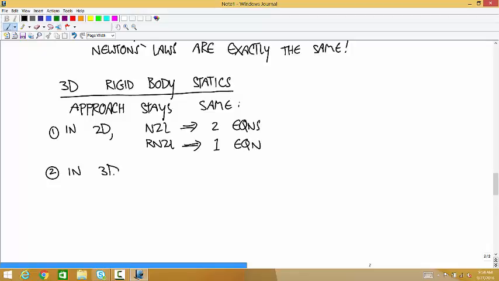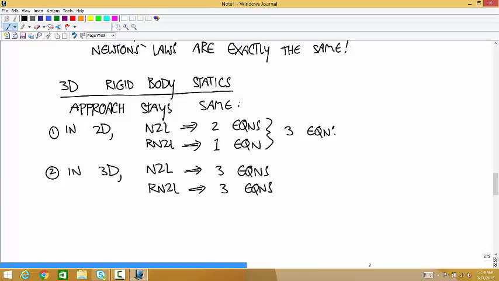In 3D, how many equations does Newton's second law give? 3. And how many does the moment equation give? 3 also. Yep. So in 2D you get 3 equations. In 3D you get 6 equations.